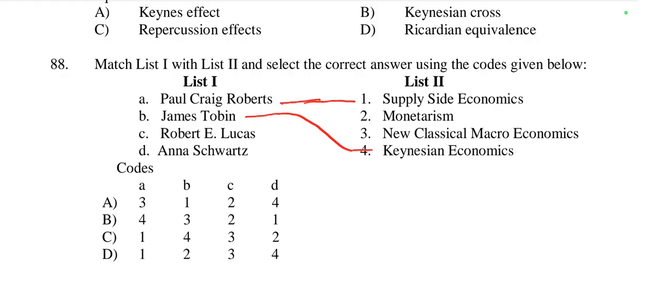Lucas is related with new classical macroeconomics, and Anna Schwartz is related with monetarism. So A1, B4, C3, D2 is option number C.